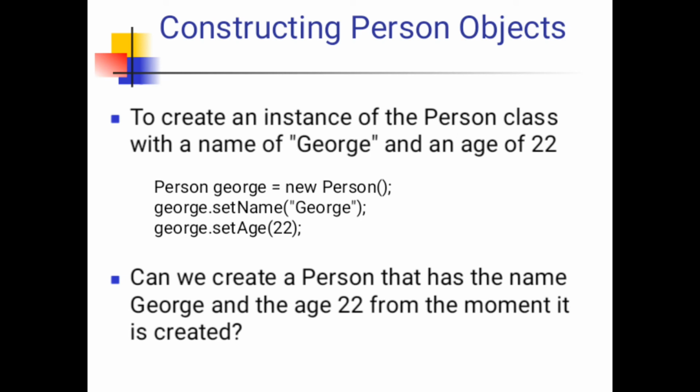Person george equals new Person, and then george.setName. This is going to access the instance of the class, and we have access to the methods. Can we create a person that has the name George and age 22 from the moment it is created?